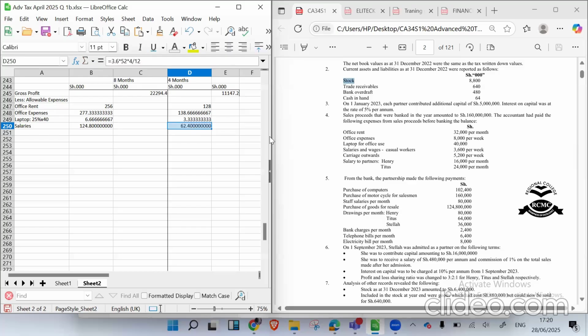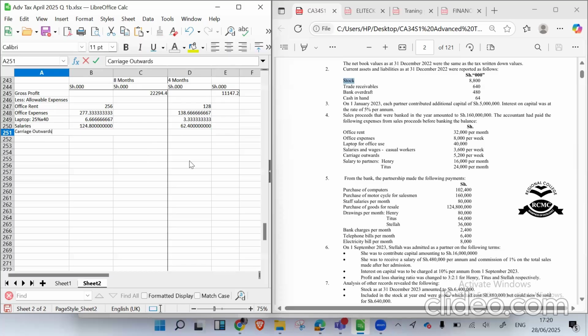Yeah. Then we have carriage outwards. Carriage outwards, that is an expense. Hiyo ni kama delivery costs. So carriage outwards, that is 52.